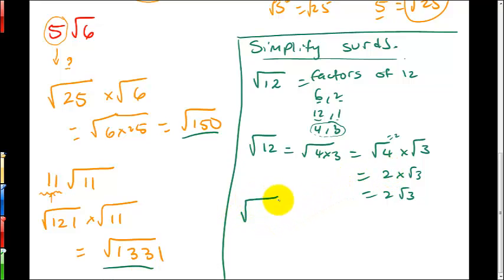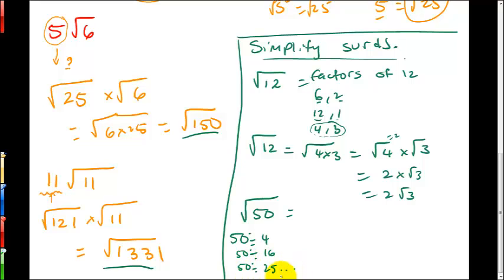How about if it was root 50? Well, you can go ahead and list all the factors, whereas the way I would do it is try to divide 50 by your perfect squares. So 50 divided by 4, 50 divided by 16, 50 divided by 9, I missed 9 there, and then 25, and so forth, until you get the smallest number you possibly can.